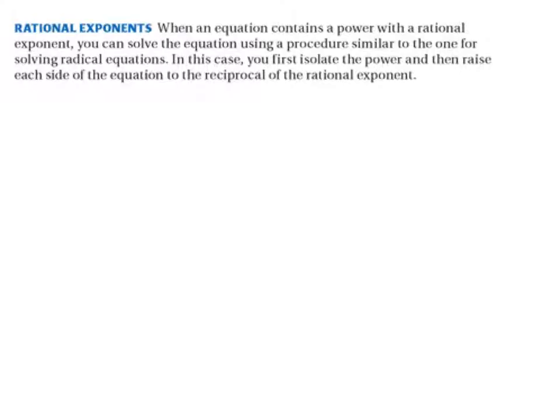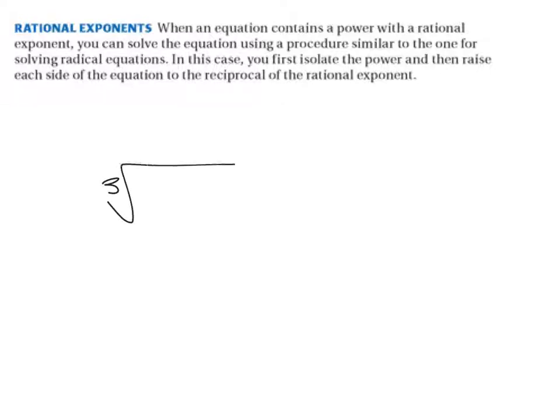All right, rational exponents. When an equation contains a power with a rational exponent, you can solve the equation using a procedure similar to the one for solving radical equations. In this case, you first isolate the power and then raise each side of the equation to the reciprocal of the rational exponent.